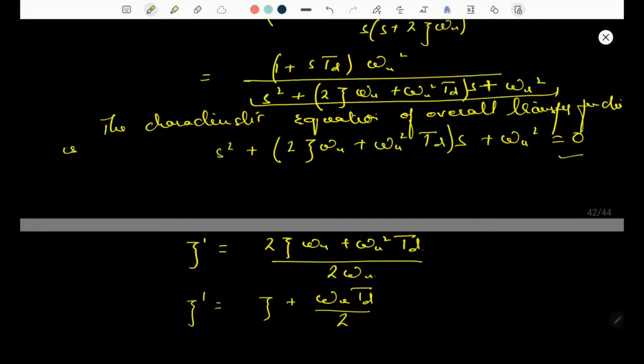How? You might remember that the damping ratio is simply zeta. In which equation?